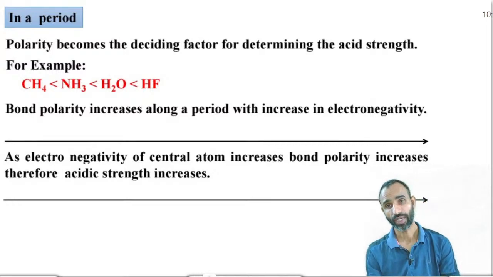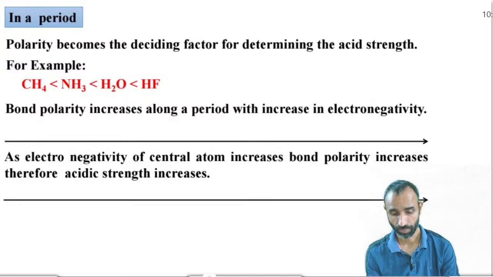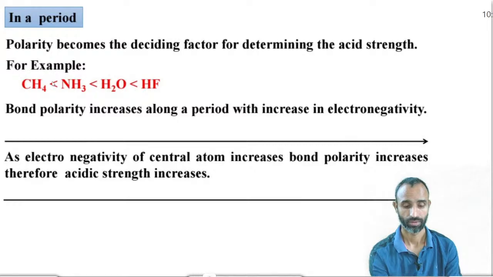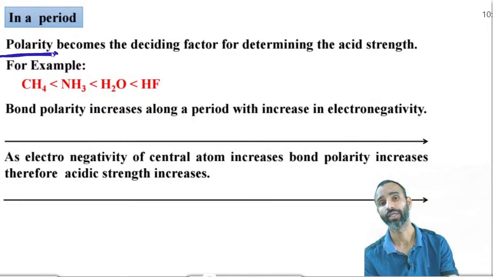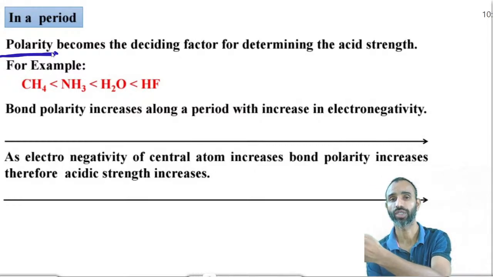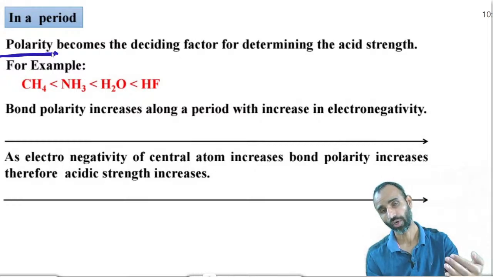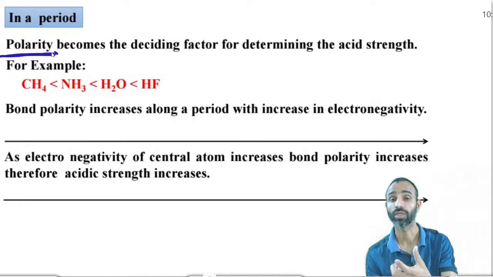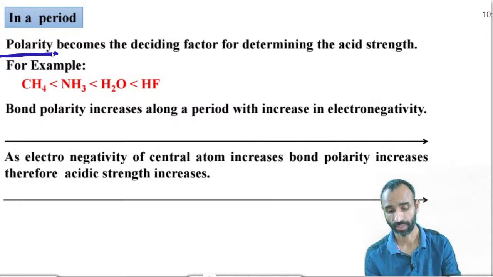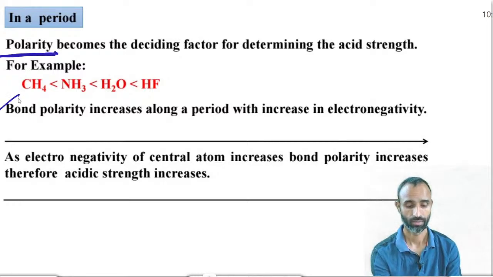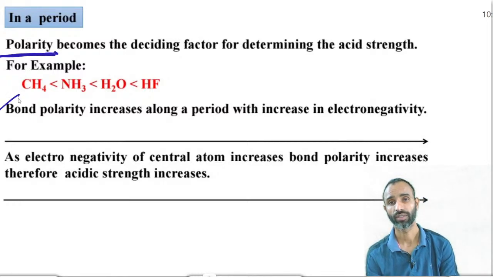In a period, strength depends upon polarity. Polarity becomes more important. So as we go along the series, bond polarity increases because the atom becomes more and more electronegative, and therefore acidic strength increases.